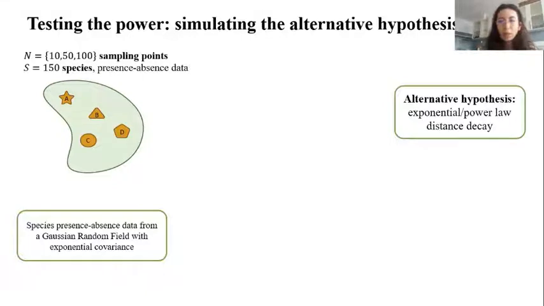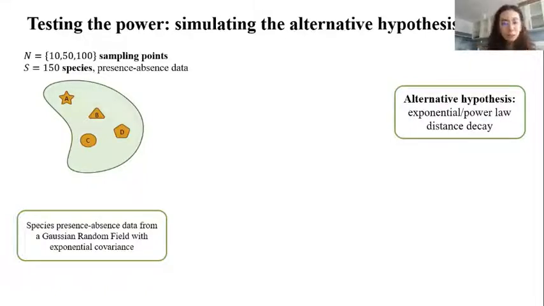And here I'm going to tell you about just one of the scenarios that we simulated. We simulated some more, but this is the most illustrative, and I have only included this one for reasons of brevity. So we obtain species presence absence data by using a Gaussian random field and transforming the normal variables that it gives back to binomial.